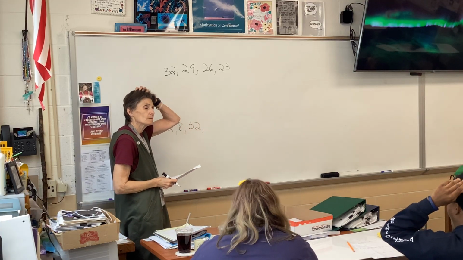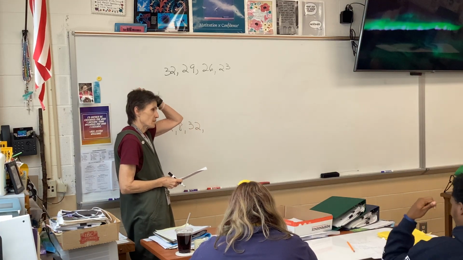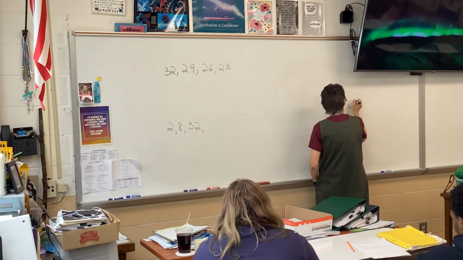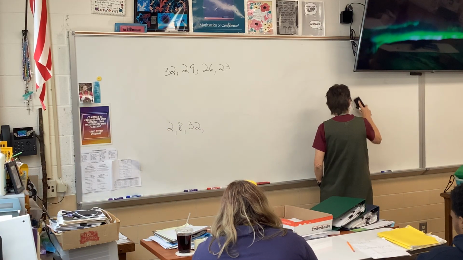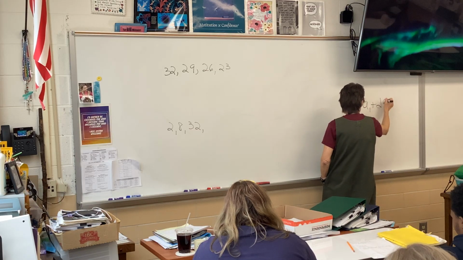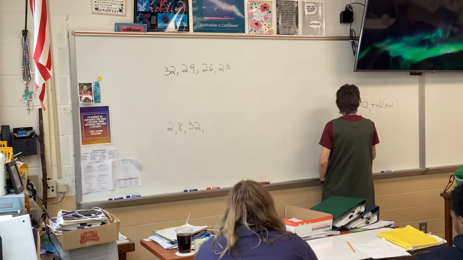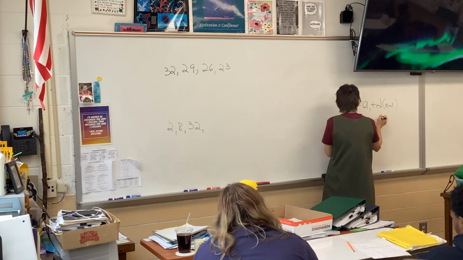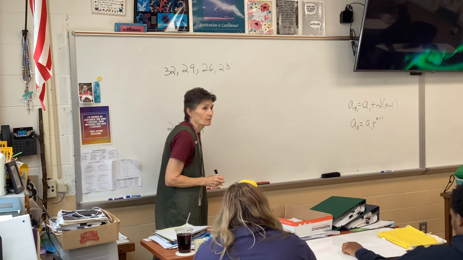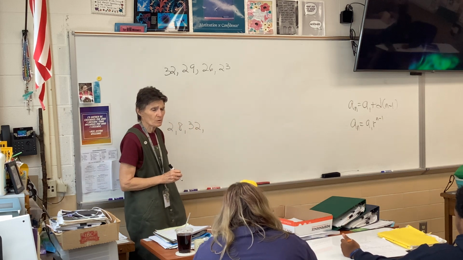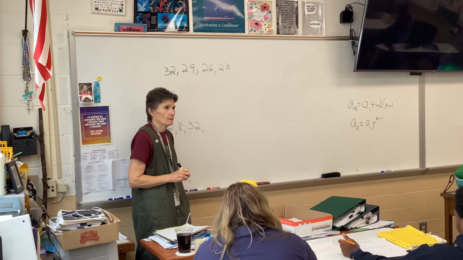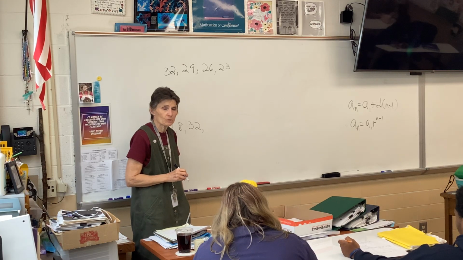Remember, an explicit rule means we're going to use either this one or this one, one of our A formulas. How do we know which one to use? We figure out if it's arithmetic or geometric.